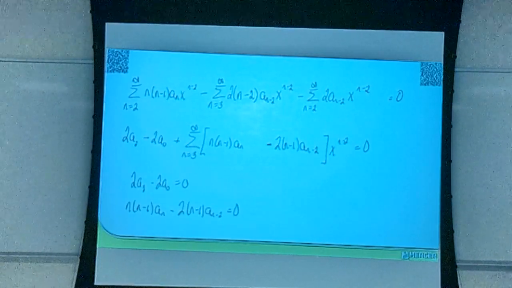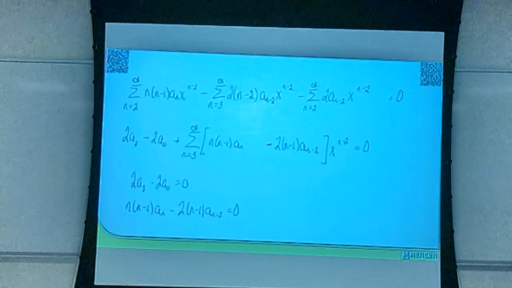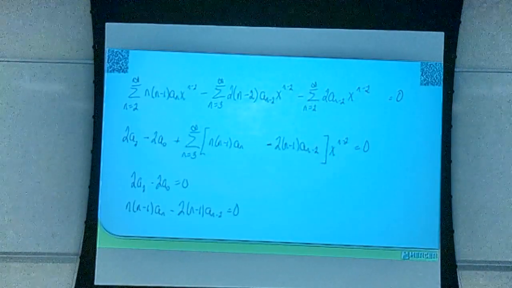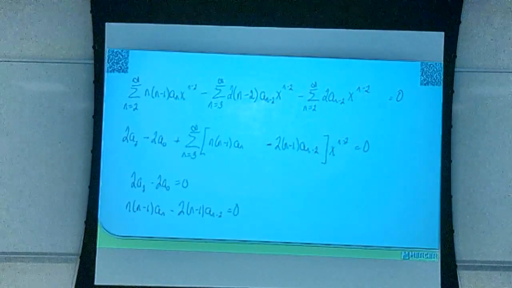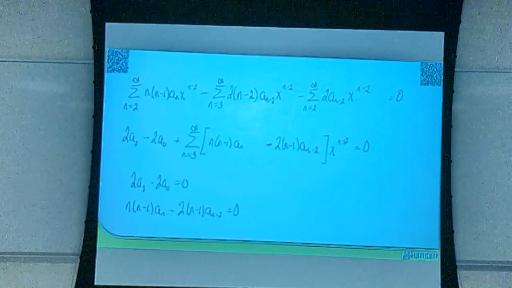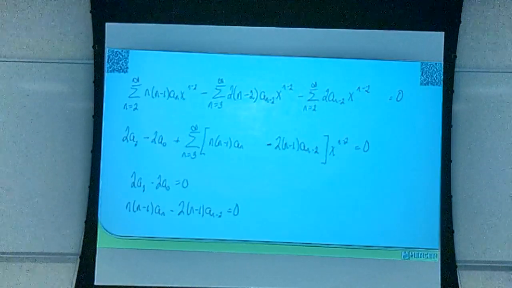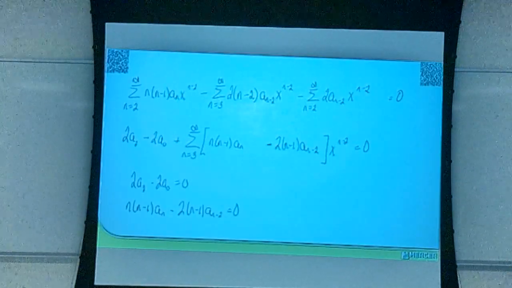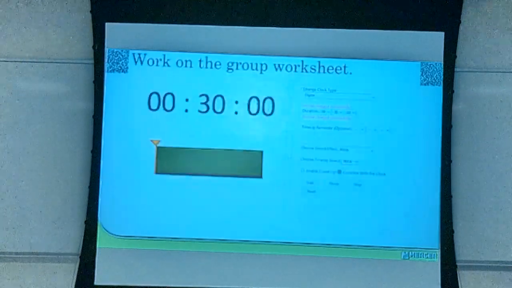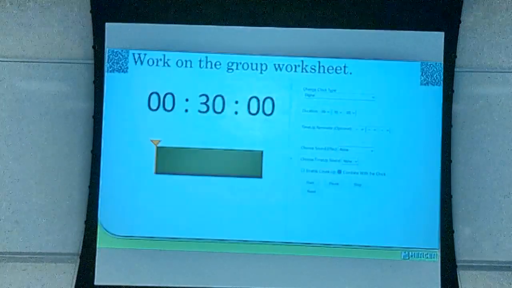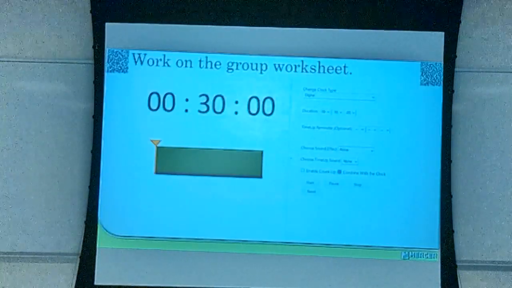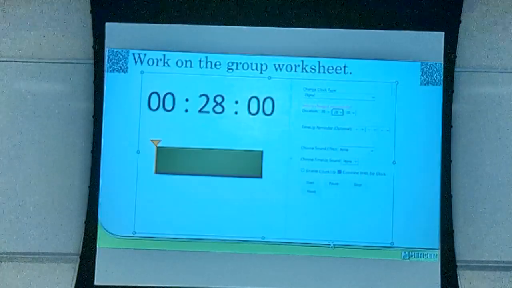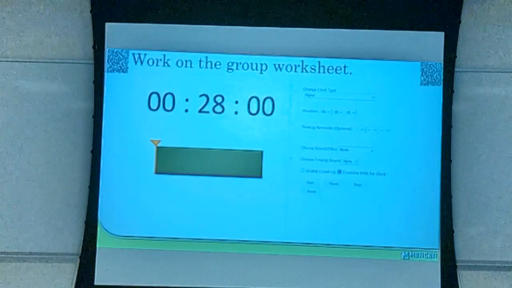It gives you the recurrence relation and A2 in terms of A naught, so you should easily be able to solve it from there. Into your groups.